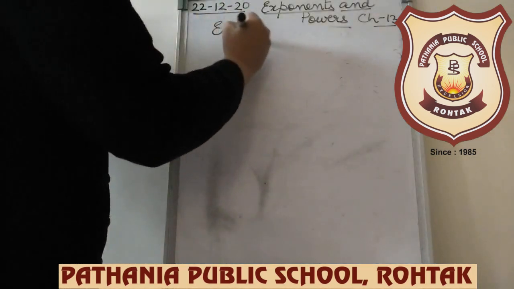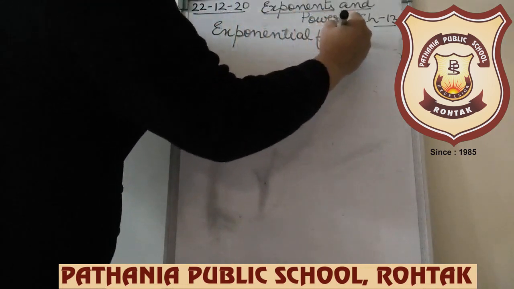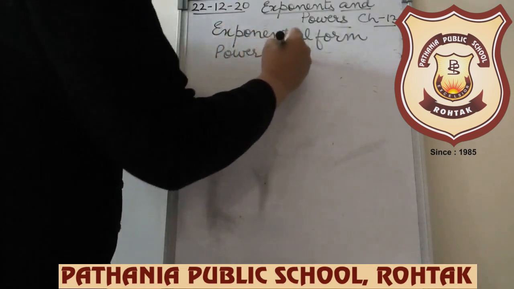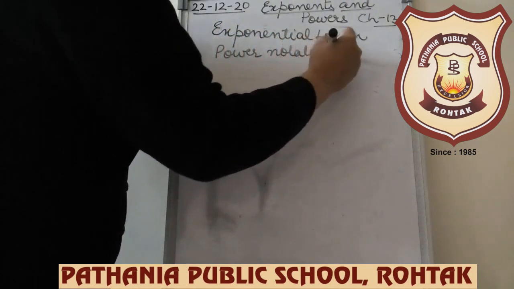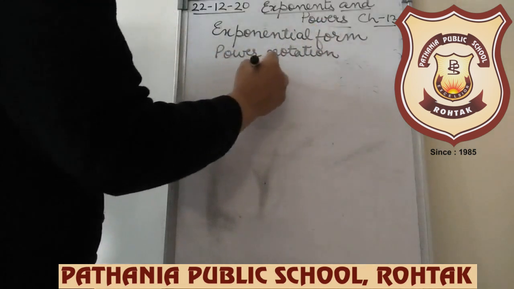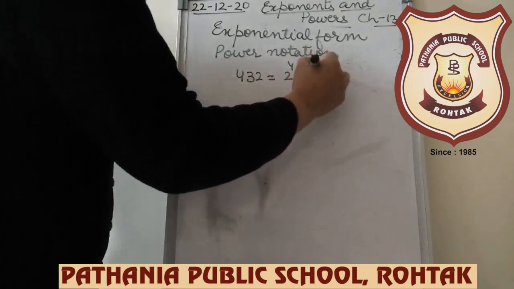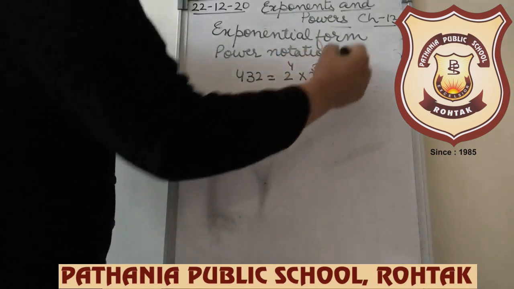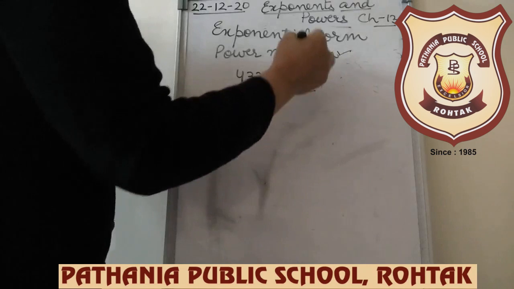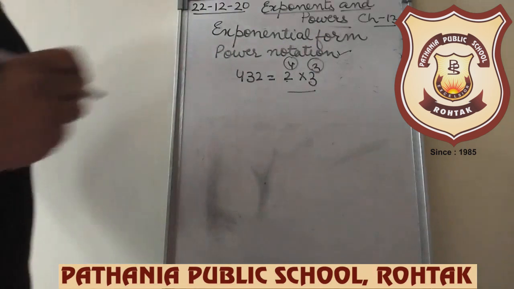Exponential form, power notation, they are the same thing. As we have written 432 in exponential form, this can be called power notation because these are the powers, base and power, base and exponent, base, index. Okay.